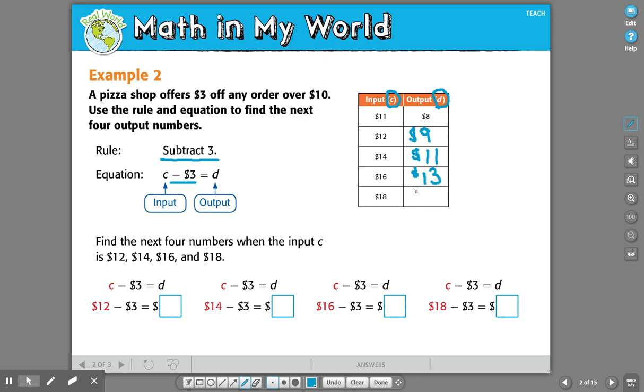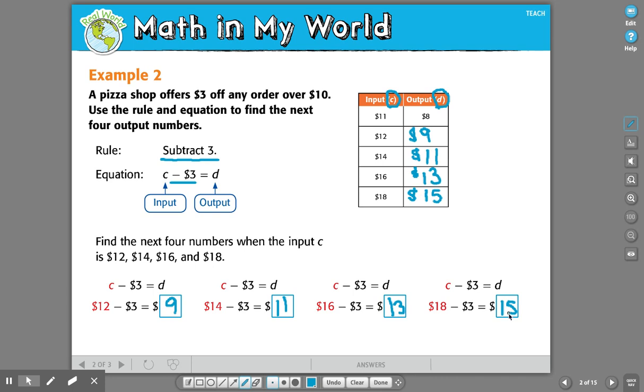And the last one, 18 minus 3, 18, 17, 16, 15. So to find the next four numbers, we already found those. 9, 14 minus 3 is 11, 16 minus 3 is 13, and 18 minus 3 is 15. Remember, if it takes you an extra second to copy it down, that's okay. All right.